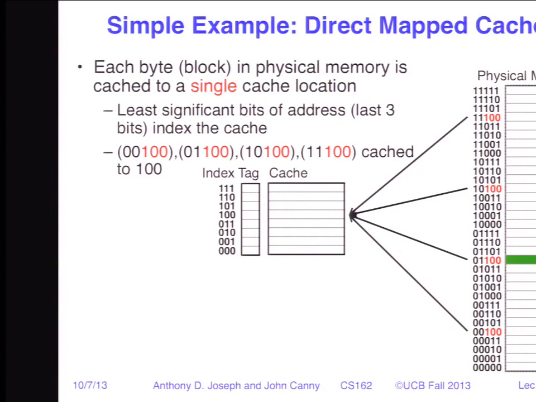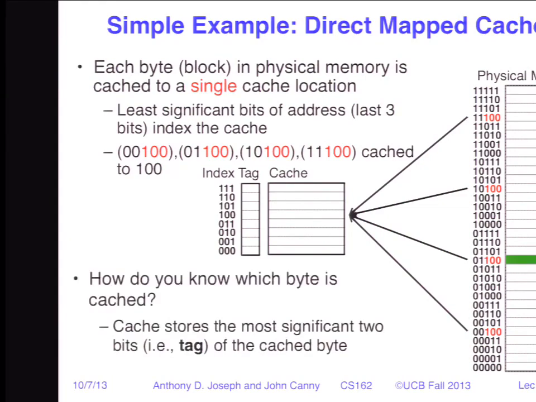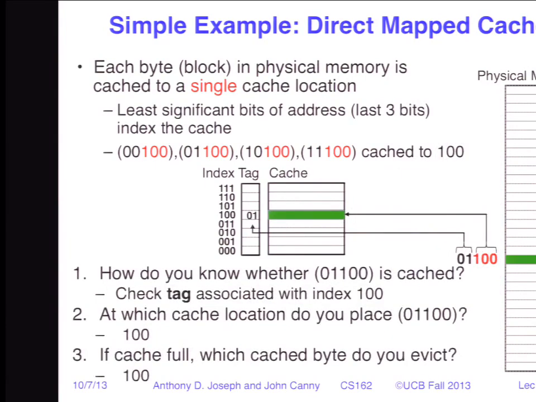They're all going to be stored in the same location. Now, how do we know which one of those is cached? That's the role of the tag. The tag is going to be 2 bits that tells us the item is the one we're looking for. So for 01100, the upper most significant 2 bits become our tag. Okay?